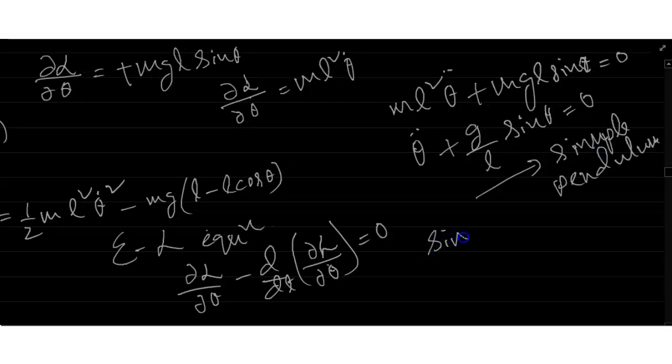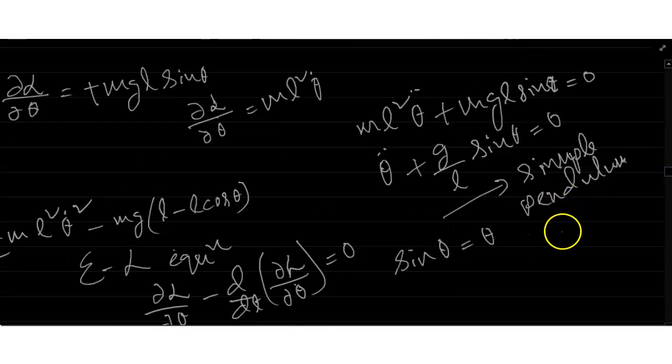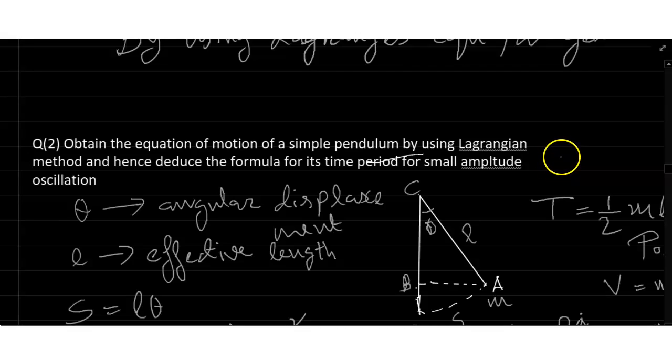For small theta, sin theta equals theta. So theta double dot plus g by L theta equals 0. This is my equation of the simple pendulum.